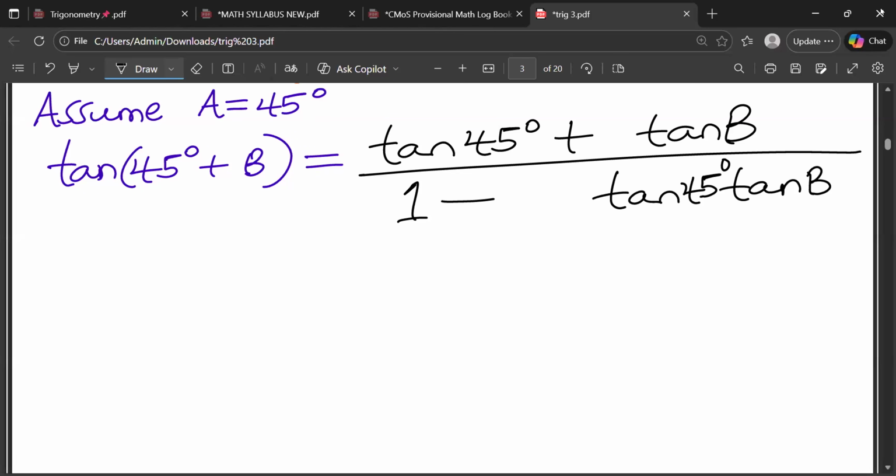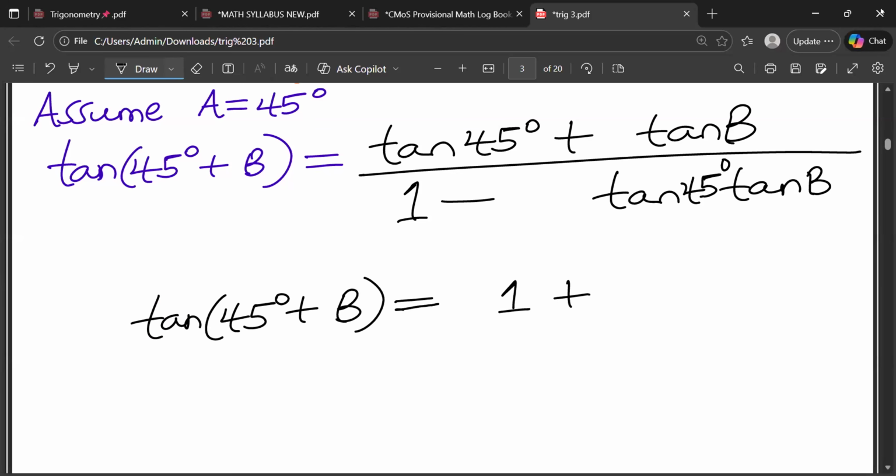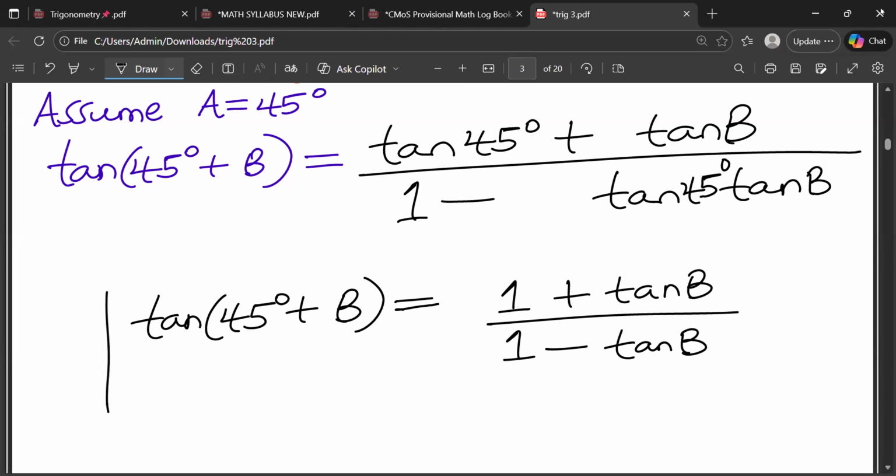What is tan 45 degrees on a calculator? It's 1. So you finally replace it: tan 45 is 1, plus tan B, out of 1 minus tan B.